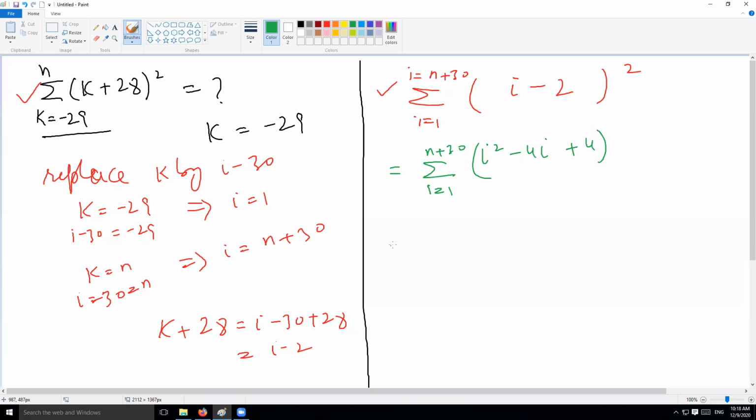And then apply the sum separately: the sum from i equal to 1 to n plus 30 of i squared, minus the sum from i equal to 1 to n plus 30 of 4i, plus the sum from i equal to 1 to n plus 30 of 4. Now can someone tell me what this sum would be?